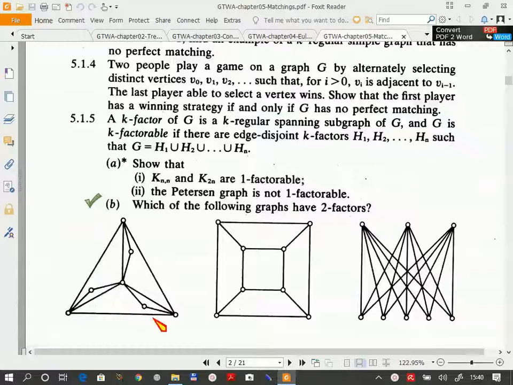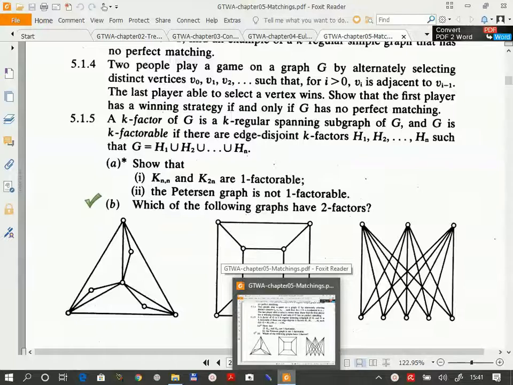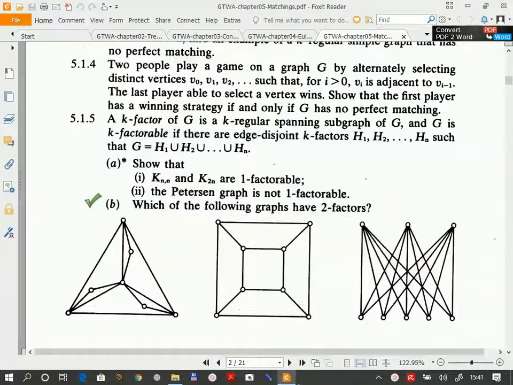Here, what do you think? Is there or is there not a 2-factor? Who votes? Yes, there is one. Or, who votes? No, it's not possible to have it. Can you try to say a reason why not?